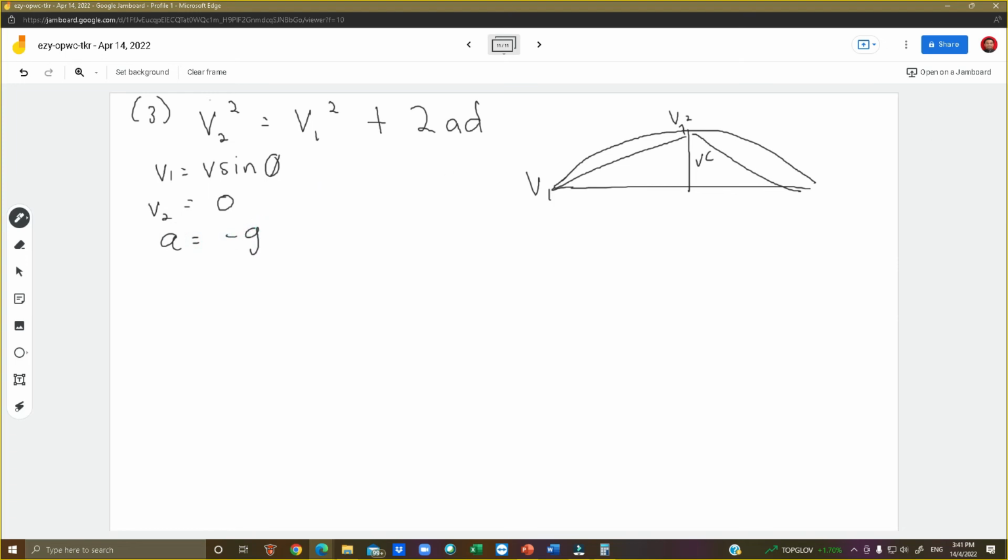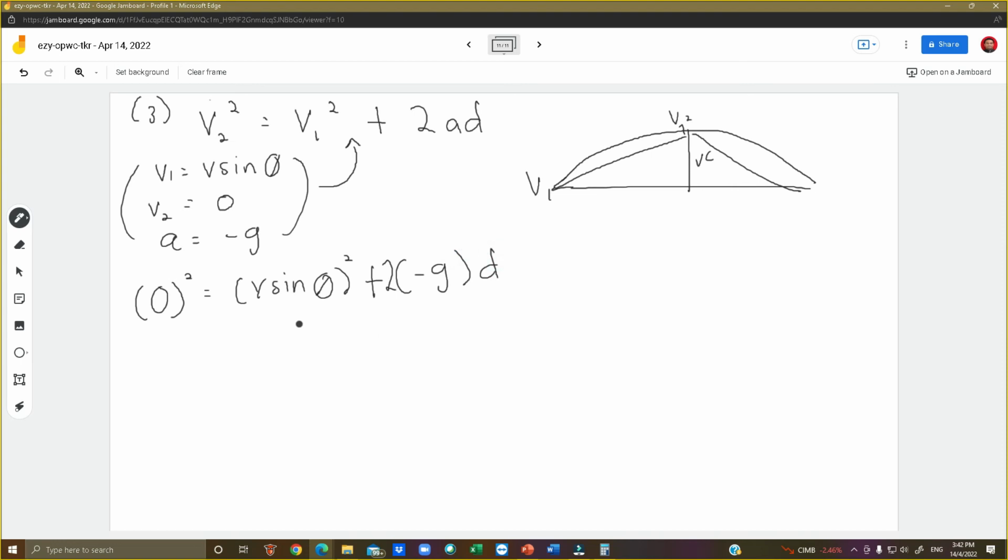So we are going to substitute everything into the equation again. Substitute all of this into here. So we have 0 square equals to V sin theta square plus negative 2G D. Okay, jadi kita dapat 0 equals to V sin theta square minus 2G D. Sampai situ.